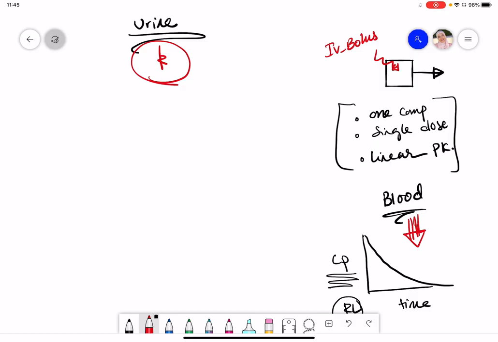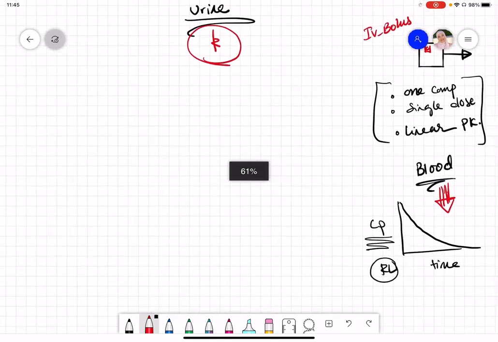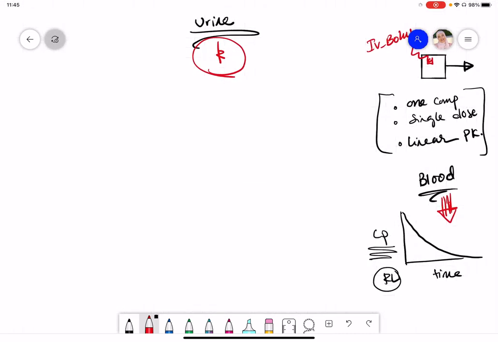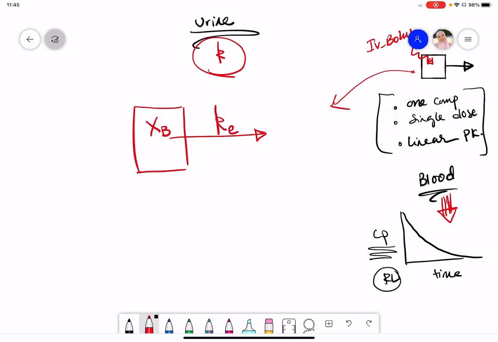But let's just now have it as kinetics and the equation related to the kinetics of the drug. So I will use the same model that I have. Again, I have here the amount of the drug remaining in the body, but we will talk only about the excretion rate constant. So the amount in the body that is excreted.